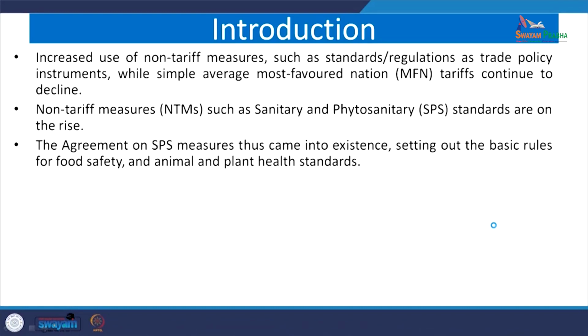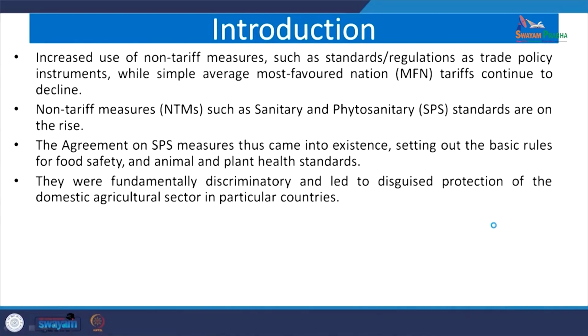So, an agreement specifically on SPS measures came into existence, setting out the basic rules for food safety, animal and plant health standards. We will discuss exactly what sanitary and phytosanitary measures are. These were fundamentally discriminatory, because there used to be no standardization made.